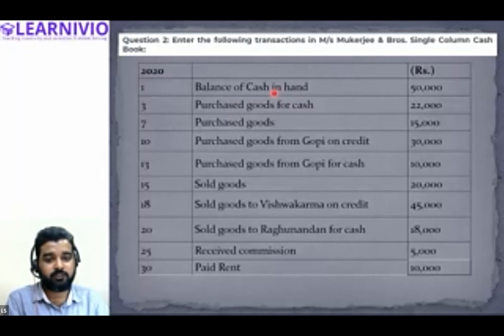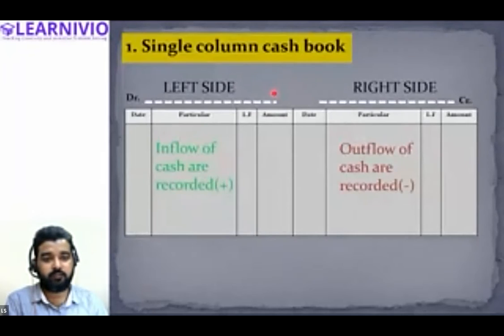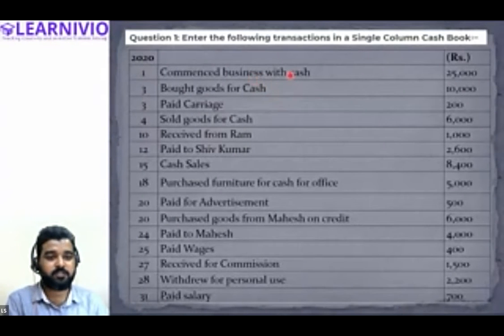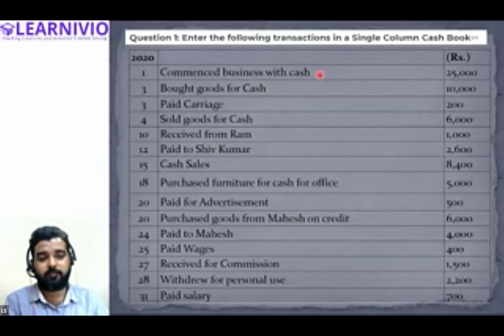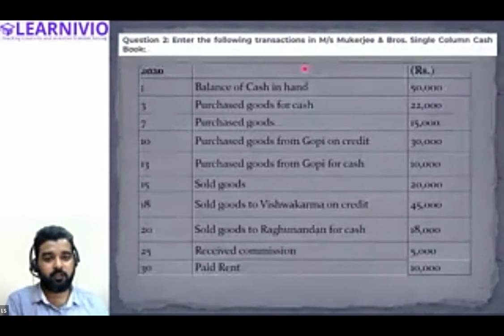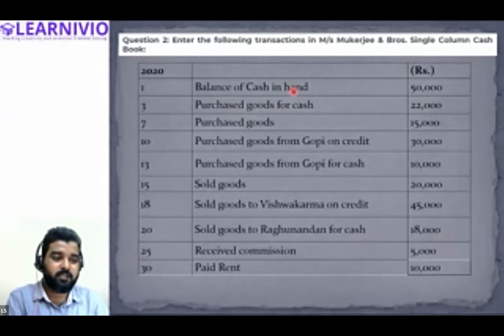Whenever we start a business during the year, the information will be given as commenced business with cash, right? But if the business is already ongoing, this information will not be available. Instead, there will be information like balance of cash in hand. So we have an ongoing business, and at the beginning of the year, we have 50,000 as cash in hand.